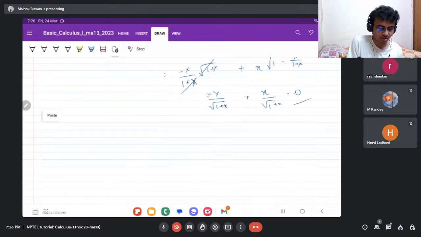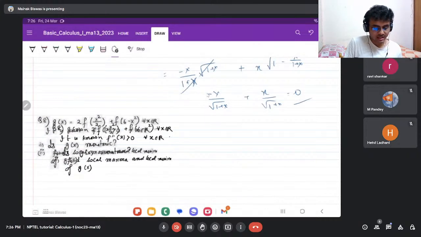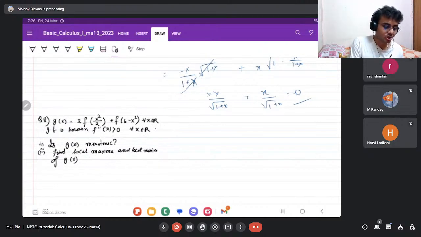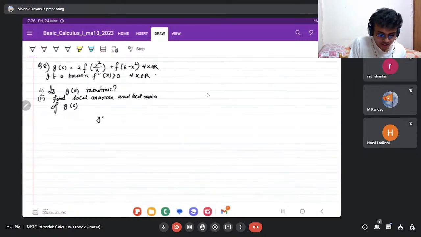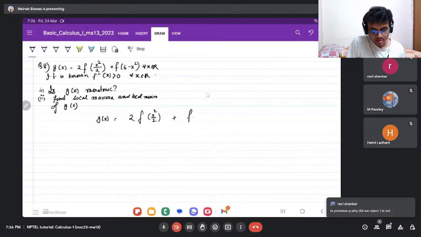So this f is not defined right here, but I would be able to comment on the local minima, maxima and monotonicity of the curve. So what is said? g of x is 2 times f of x square by 2, 6 minus x square, right?